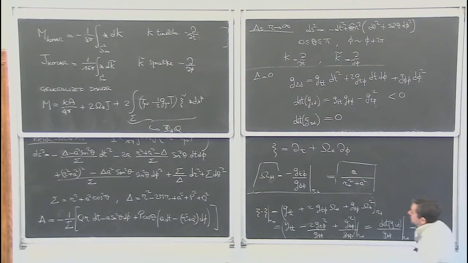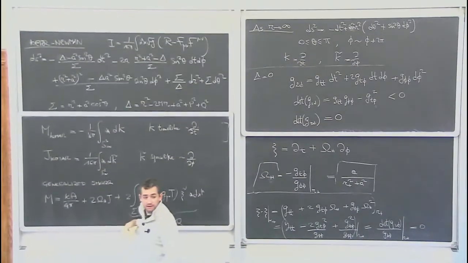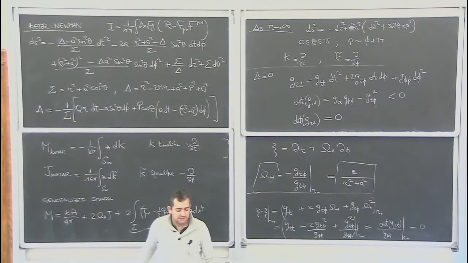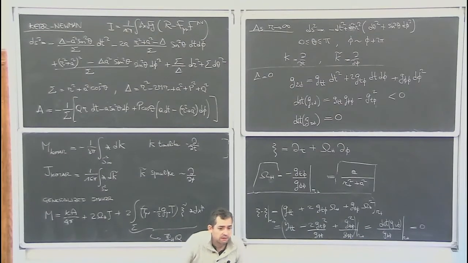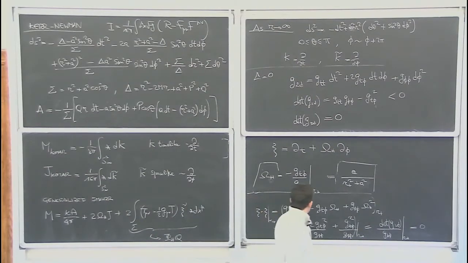It makes sense. Say it again. When a is large, you also switch off Ω. What is the intuition? It goes to 0 when a goes to 0, and it goes to 0 when a goes to infinity as well.